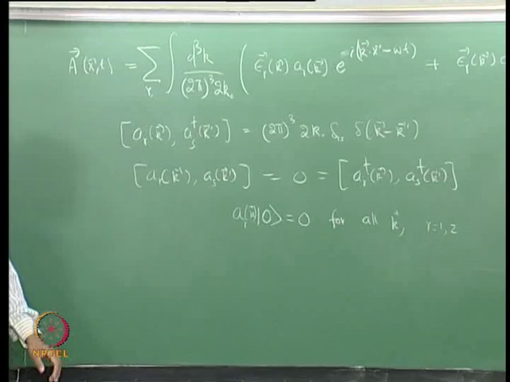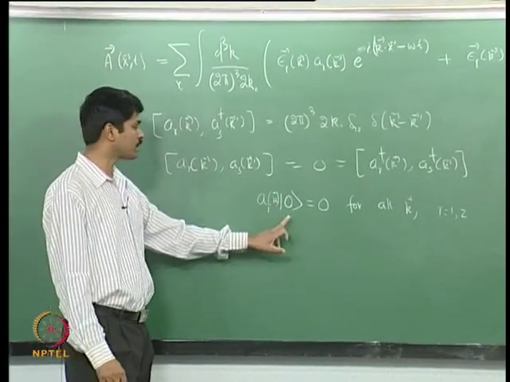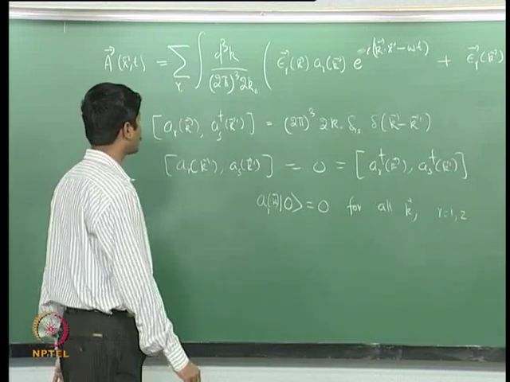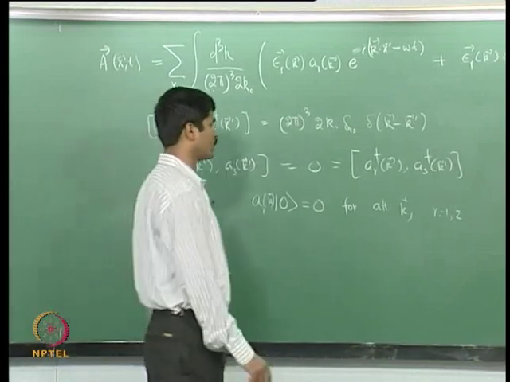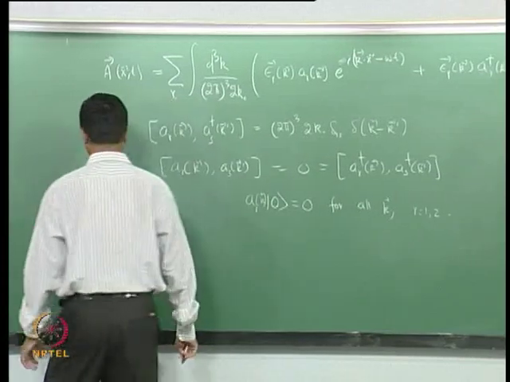Then the n particle states are created by acting creation operators on this vacuum here. So the entire analysis will be exactly identical to that of a real scalar field.